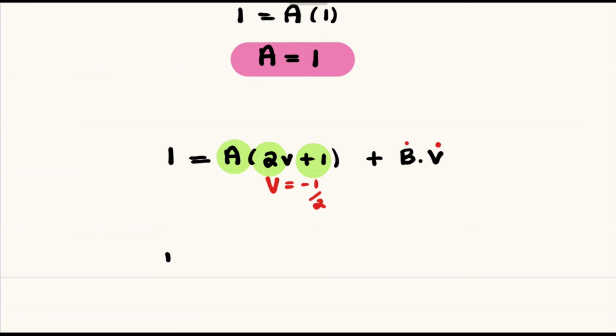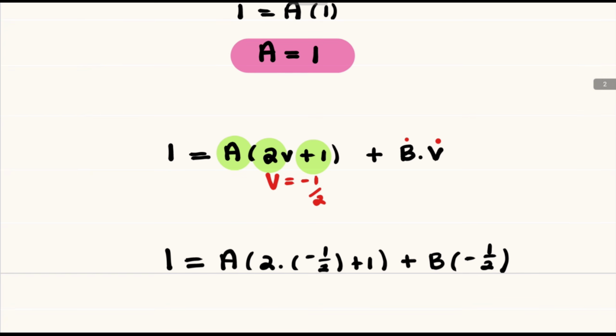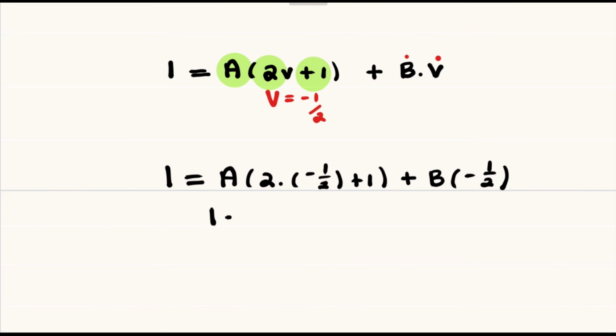So we have 1 is equal to a into 2 multiplied by negative half in the place of the v, plus 1, plus b multiplied by negative half in the place of the v.